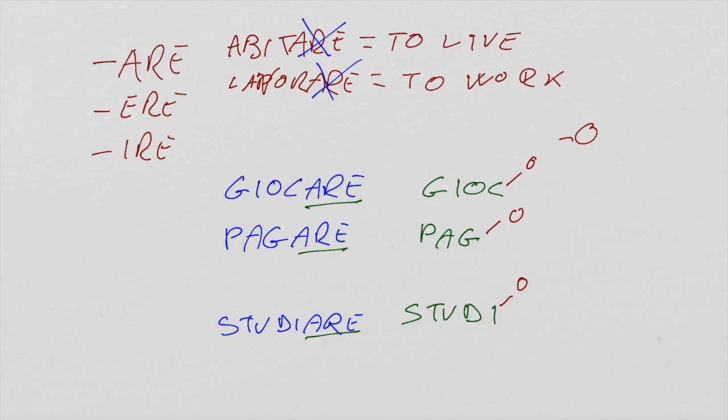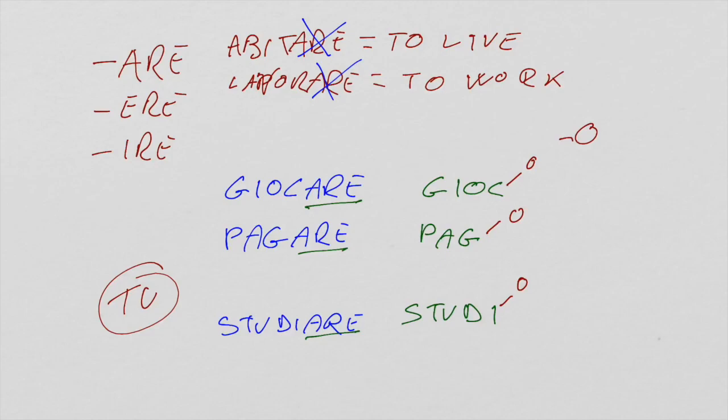Now, the problem is with the tu form. Let's see what happens with the tu form. If I say io gioco, you hear that the C sound is hard. Gioco. Now, Italians keep the same sound of the C even in the tu form.